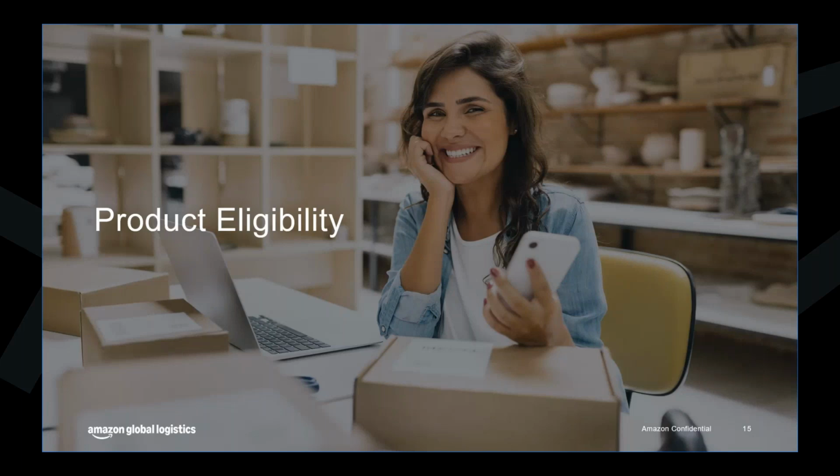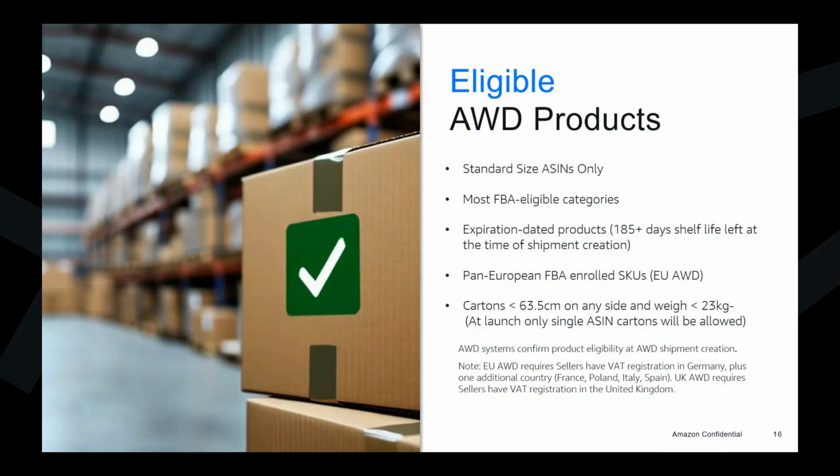Looking at eligibility for AWD, because I think this is what people already put into the chat, which is really interesting. There was the question if AWD allows oversized products. For the time being, it will be standard ASINs only. Most FBA eligible categories are allowed.